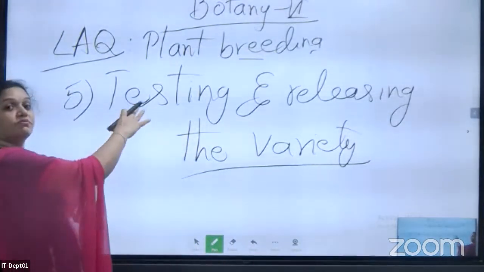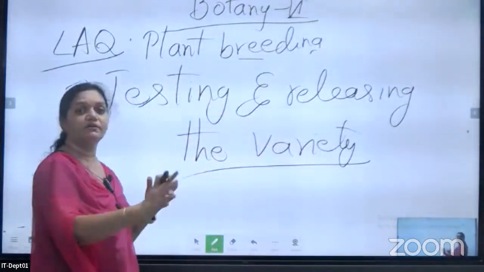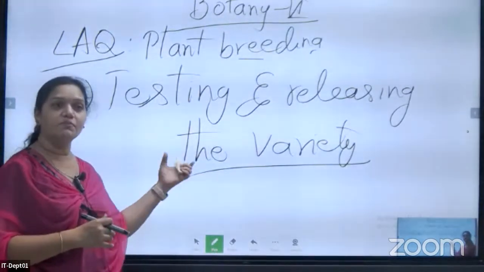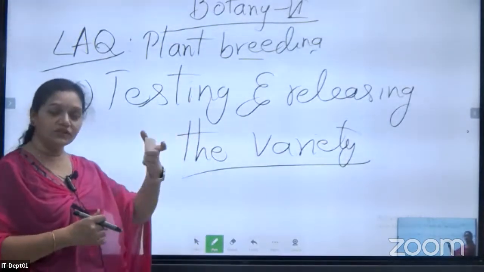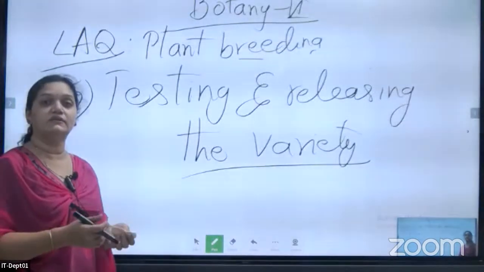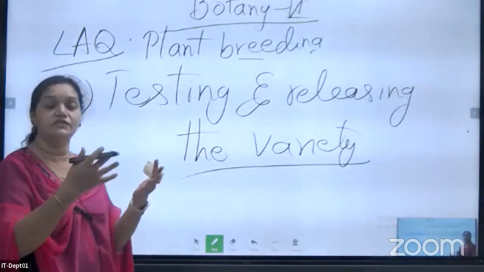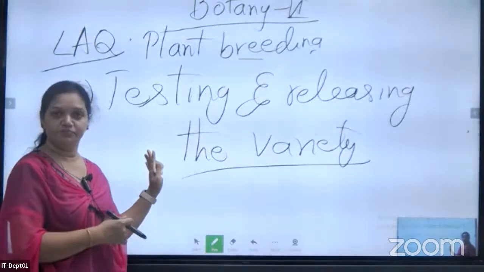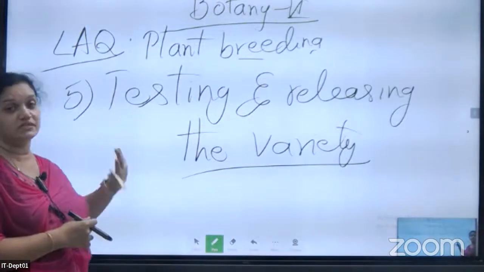Like that, plants we are collecting and releasing into the outside atmosphere as this variety of plants. Now the farmers, otherwise the cultivators, can take out these seeds and grow the variety in the outside world, so that all the citizens, all the human beings, can get the benefits through those plants. That is the aim of plant breeding. Like this, we have to write the answer for this LQ.